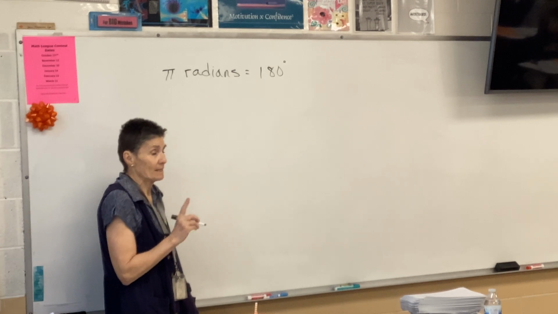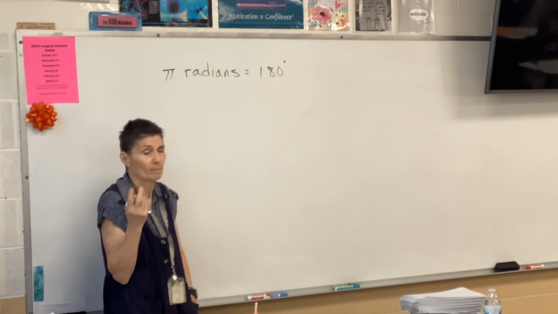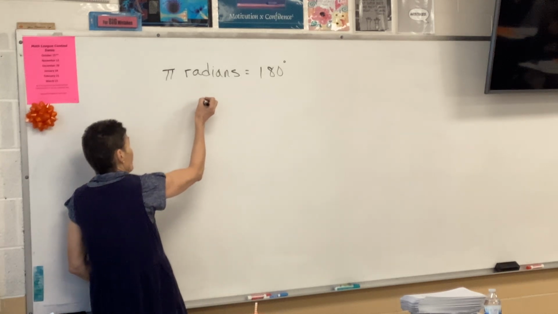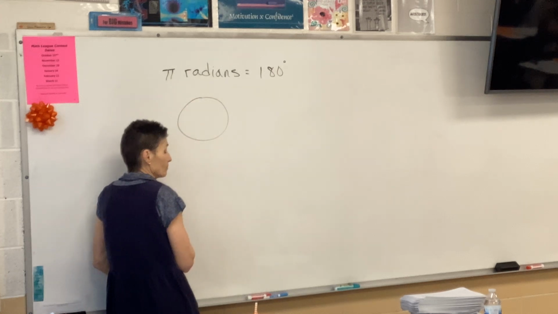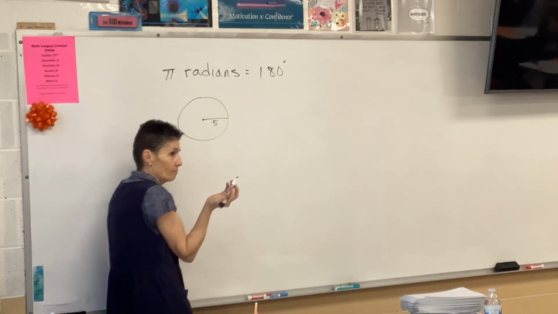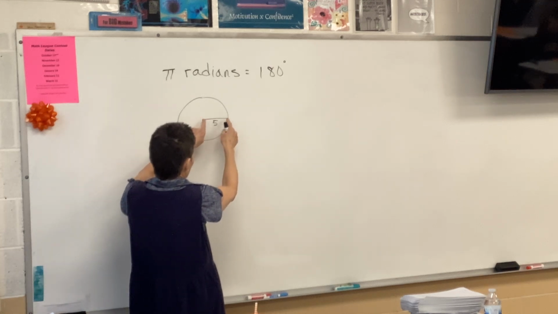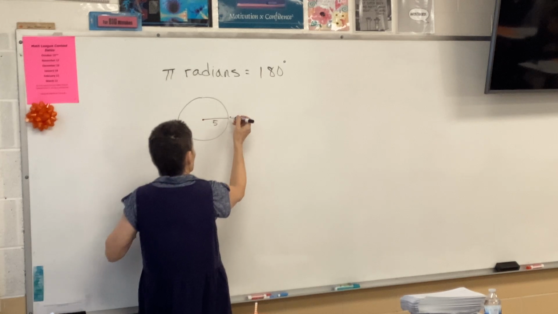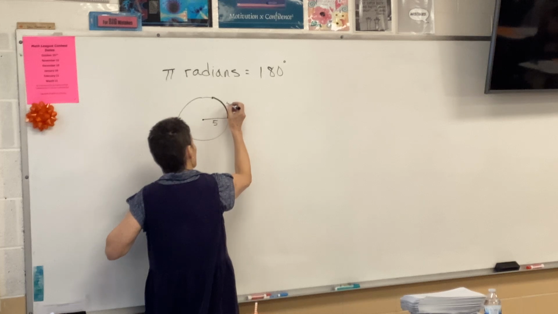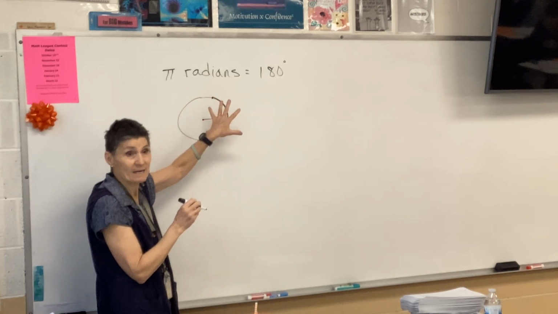A radian, and I am not going to ask you for this definition, but just because you're probably wondering, well, what in the heck is a radian? If we took a circle, and let's say the radius of the circle was 5, and then we took a piece of string, 5 units long, and wrapped it around the circle so that the arc here was the same as the radius.